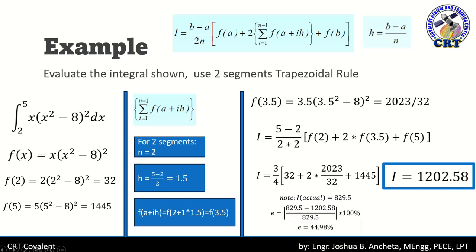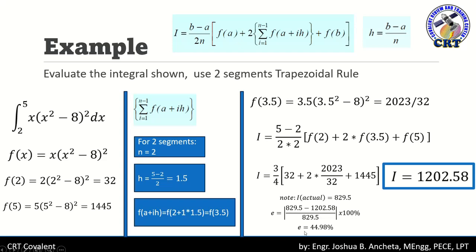And solving for the error for this result, we have the absolute value of 829.5, this is the actual value, minus our approximation 1,202.58, over 829.5 times 100%.